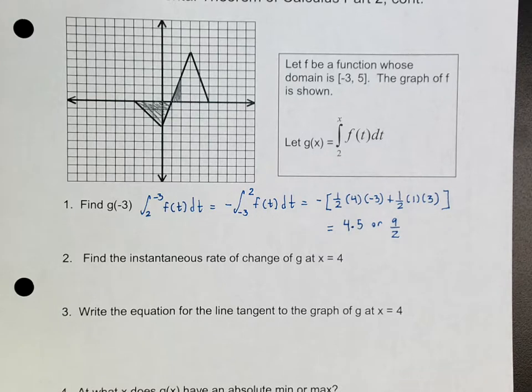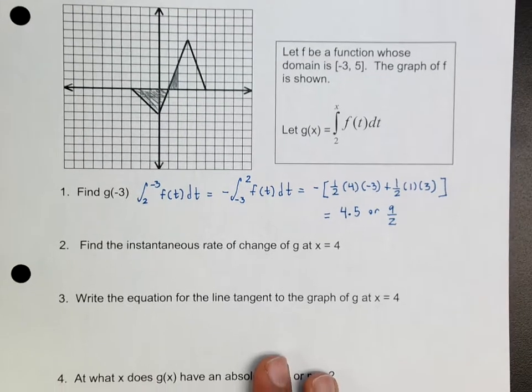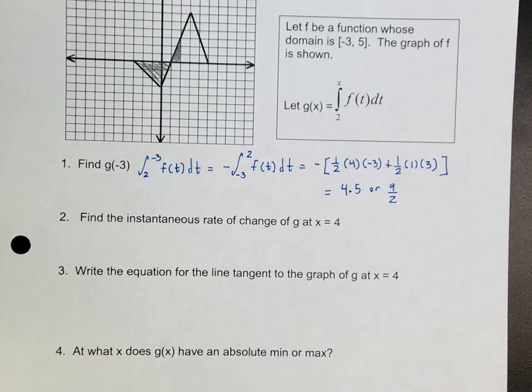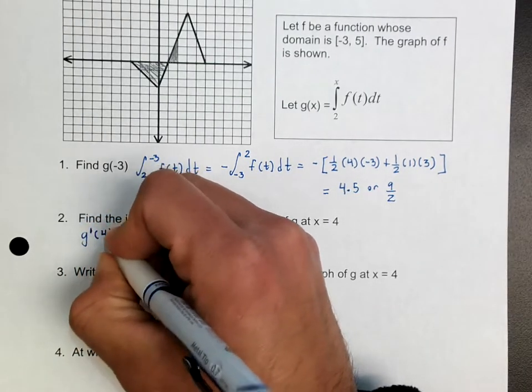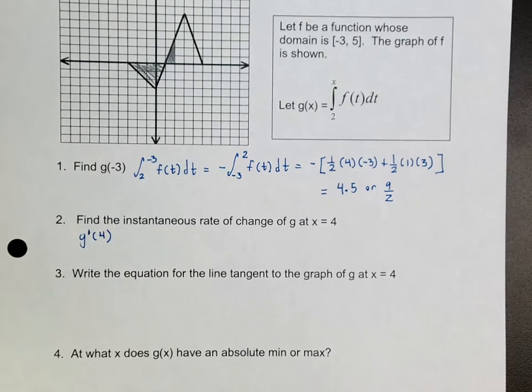Okay, now the next one says it wants to find the instantaneous rate of change of g. When you see those words instantaneous rate of change, that's the same thing as the instantaneous rate of change at 4 is the same thing as the derivative of g at 4.